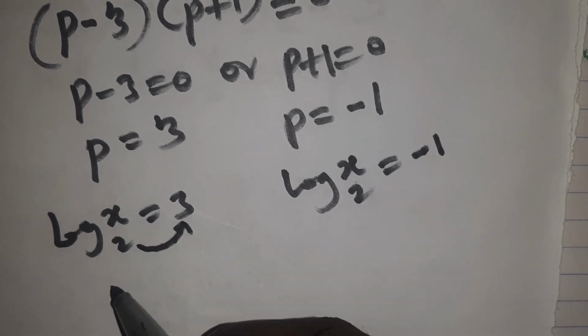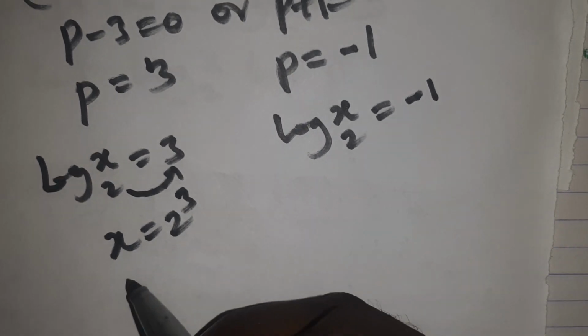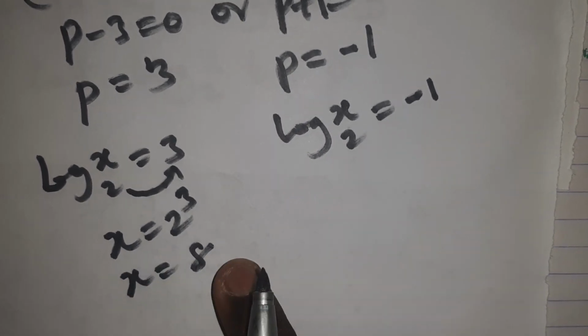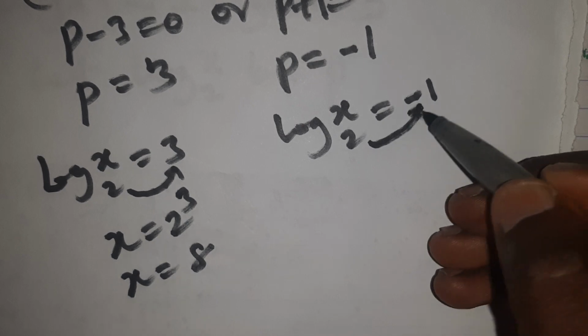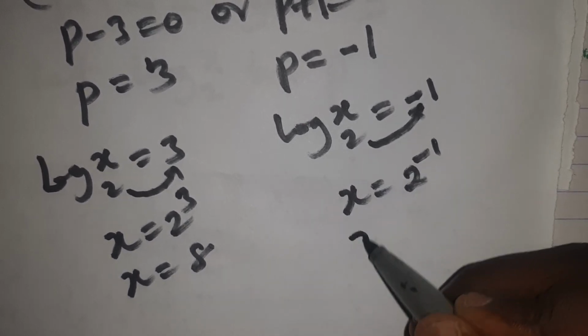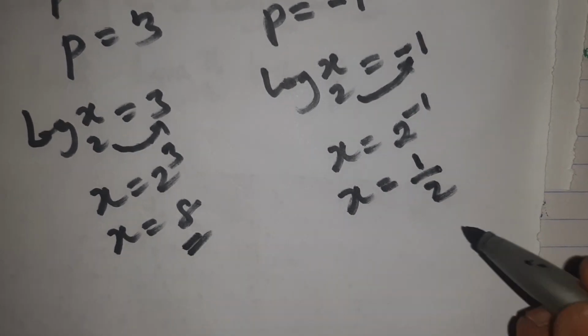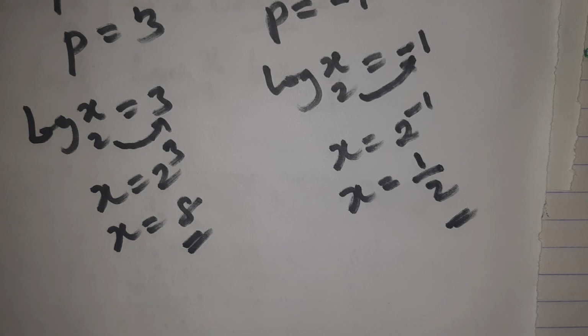Then of course, simplifying this, 2 raised to the power 3 must be equal to x. So you say x equals 2 raised to the power 3, and 2 raised to the power 3 is 8. So you say x equals 8 for this one. Then here, 2 raised to the power minus 1 is x. So x equals 2 raised to the power minus 1, and of course, we know that 2 raised to the power minus 1 is 1 over 2. So these are our two values that will satisfy that particular equation. So that's it, very simple.